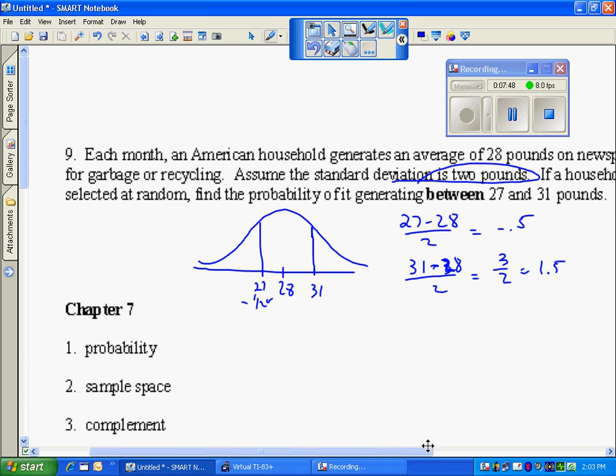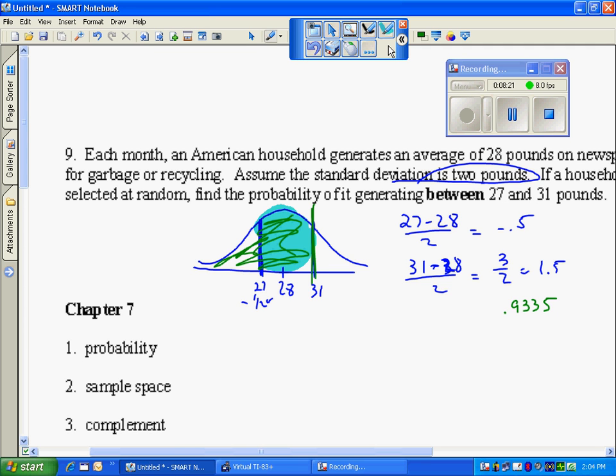So what you want to do then is find the amount of space that lands in this area. So if you recall what you do, you need to look up the 1.5 in your table, and what that's going to give you is this space. So you're on that page 407, looking up a positive 1.5, you should get a value of 0.9335, and if you want to round that to 93%, that's fine. And if you recall, that's too much.